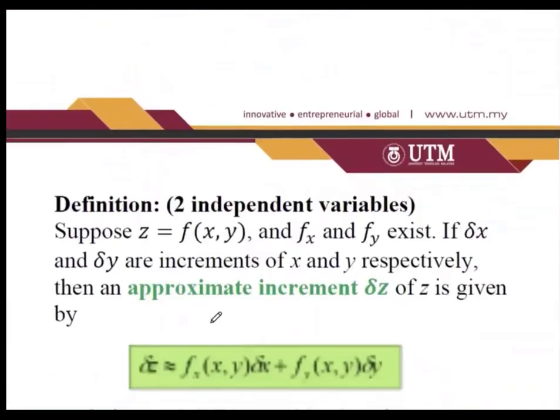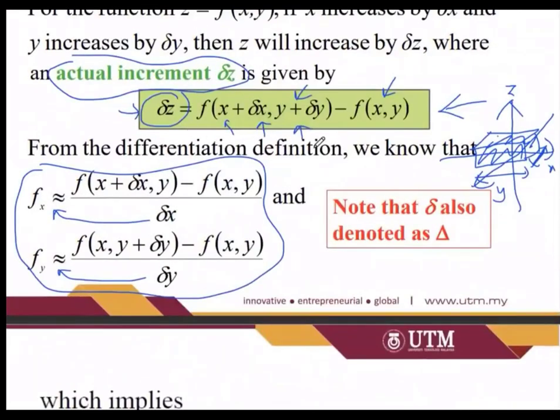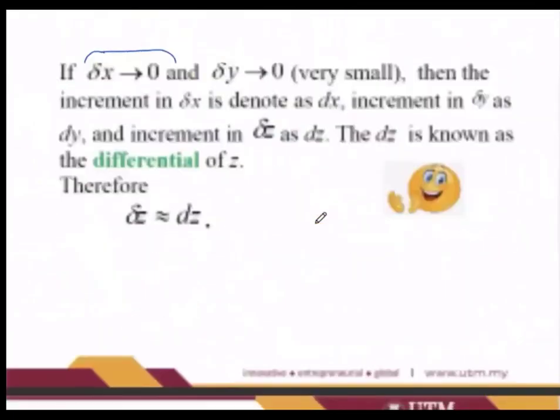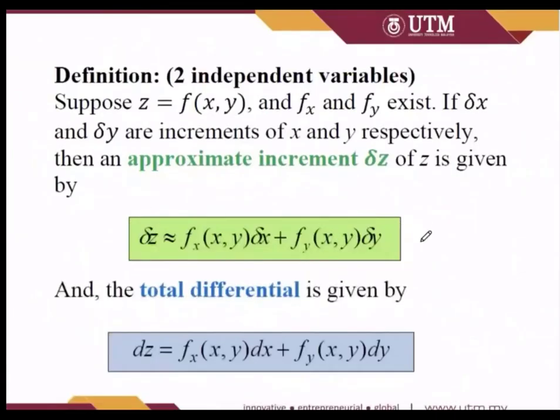So from the definition of differentiation, you will get this formula. This one is the approximate increment. Approximate increment means that you approximate. You remember you differentiate, then you will get the close one, you get a limit. So this one we call approximate.